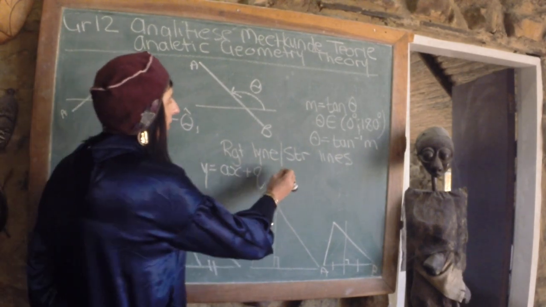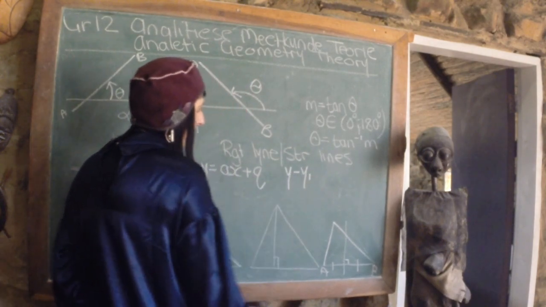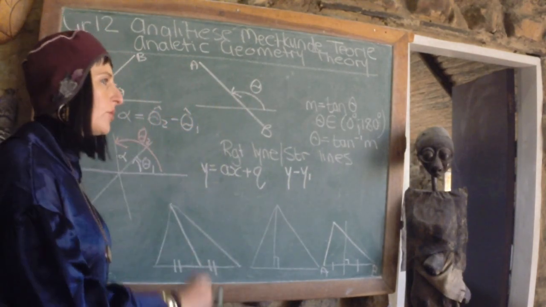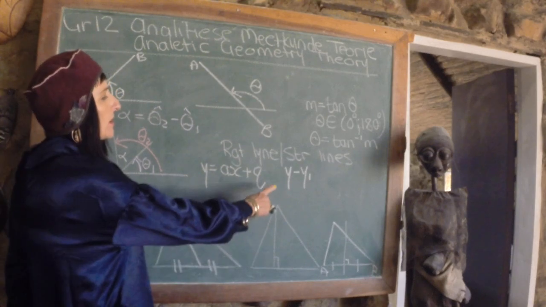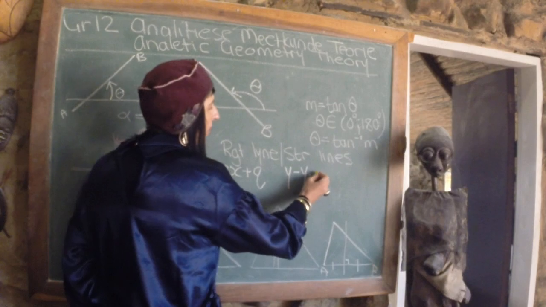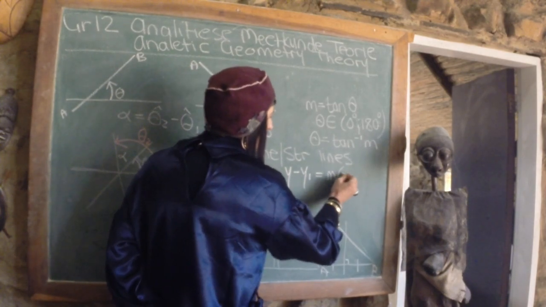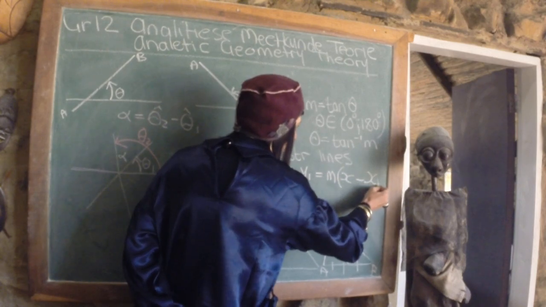Dan het ons ook die ander standaard vergelyking van 'n reguit lyn. As ek die gradiënt en een koördinaat het, then we use this standard equation. Y minus y1 equals the gradient in brackets x minus x1.